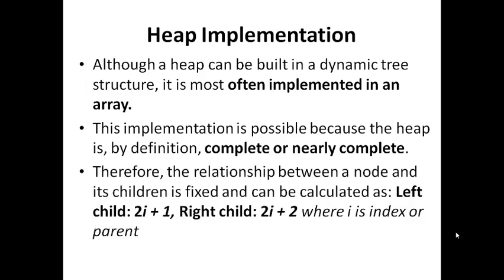The next question is how do we know the index of the children, because in a linked list it's easier to associate the children with the parent. It's a pointer. If you take the left pointer, we go to the left child. If you take the right pointer, we go to the right child. But an array doesn't have such a connection.